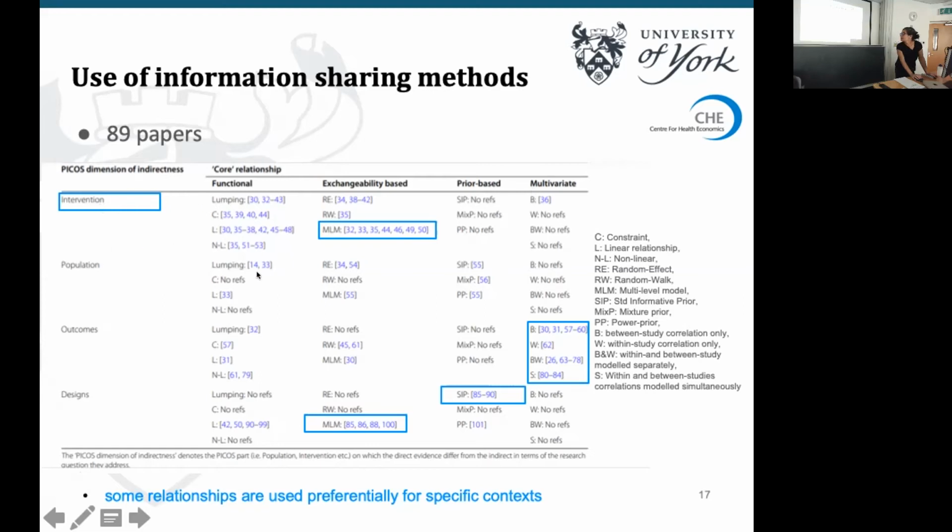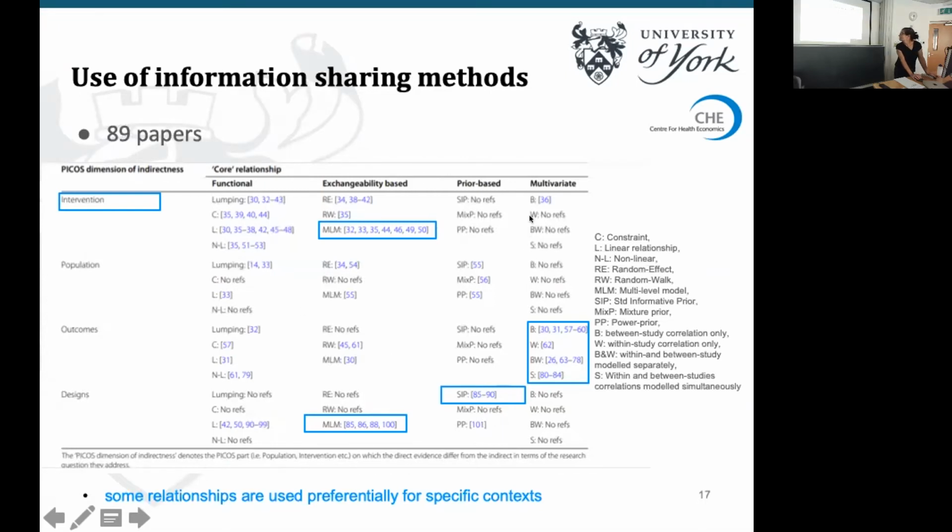The literature has a bigger volume in sharing across interventions, so you can see more references in the intervention row. A lot of multi-level models have been used, but also a lot of constraints, lumping, and linear and non-linear models for sharing information across interventions.